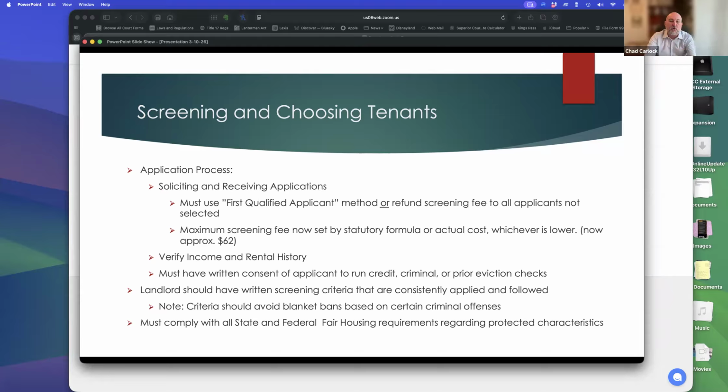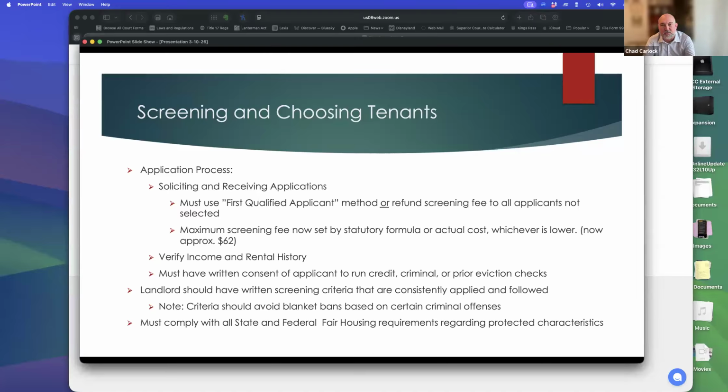If you are going to charge an application fee or a screening fee or whatever you want to call it, there is a cap set by law on how much you can charge for that fee. It either needs to be the statutory formula, which is a certain number of dollars plus the CPI increase per year. They did this a few years ago, so it's crept up now. So it's your actual cost or the statutory formula, whichever is lower.